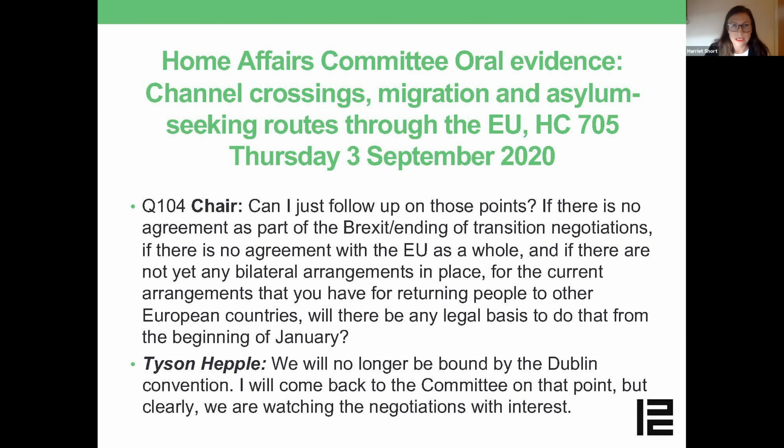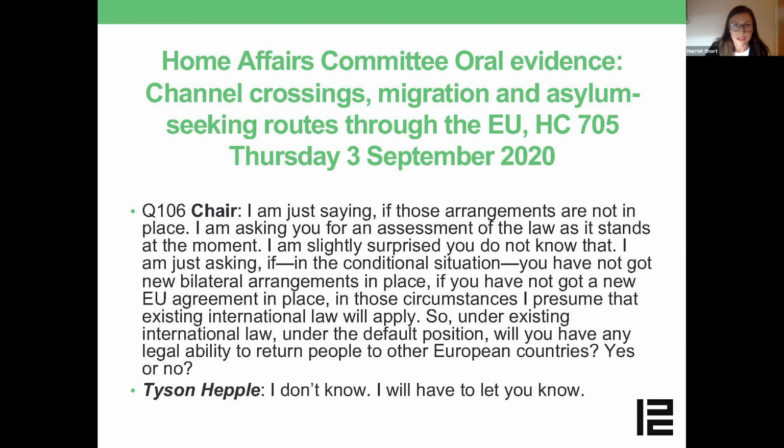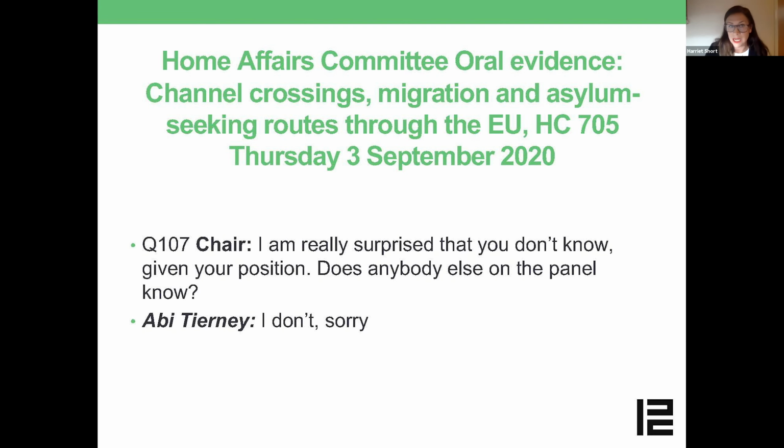And here you can see Mr. Hepple's non-answer. He was pressed on whether under existing international law, the UK authorities will have any legal abilities to return people to other countries, yes or no. Again, the Director General of Immigration Enforcement in September had no idea. The chair's attention turns to Abby Tierney, who is the Director General of UK Visas and Immigration, and again, no idea.